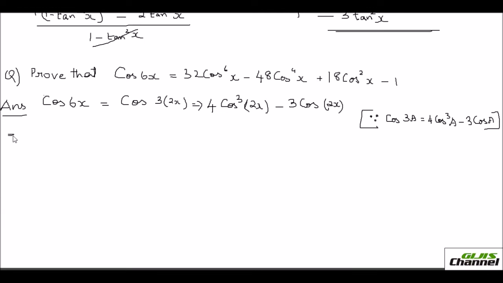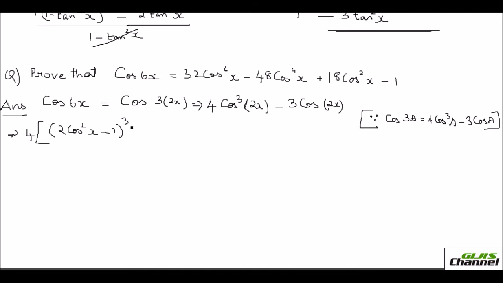In the next step, this is 4 cos cubed 2x, right? So I just keep the 4 out, and this cos 2x I'm going to apply the formula to. This I can take as cos 2x the whole cube, so 2 cos squared x minus 1 the whole cube.